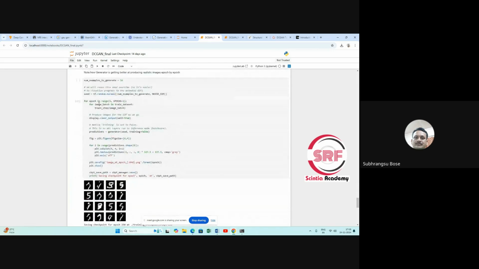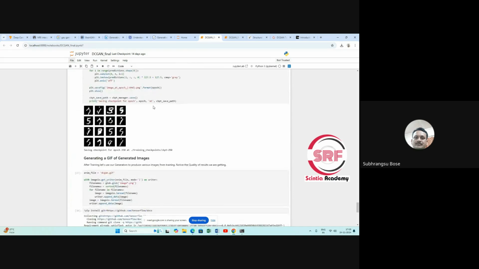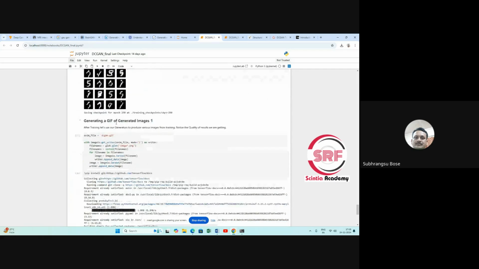Several epochs. Epochs plus one means one epoch to another, next by next. And ultimately after 50 or 60 or 70 or 250 epochs, we can find a new image that is near to the real image.